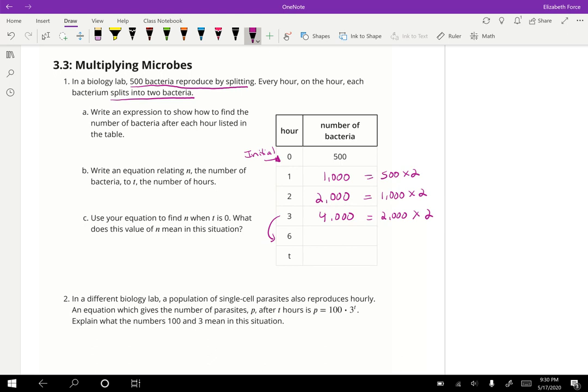So in hour 4, we're going to take 4,000 and double it to give me 8,000. In hour 5, we're going to take the 8,000, double it to give me 16,000. And then hour 6, we're going to double 16,000, which is going to be 32,000. So we'll go ahead and figure that out. So 32,000, and we figured that out by doing 16,000 times 2.